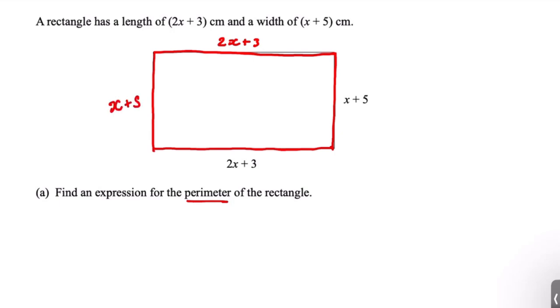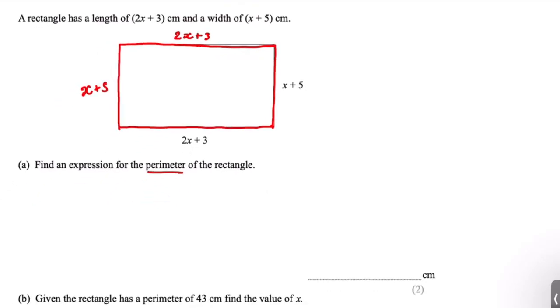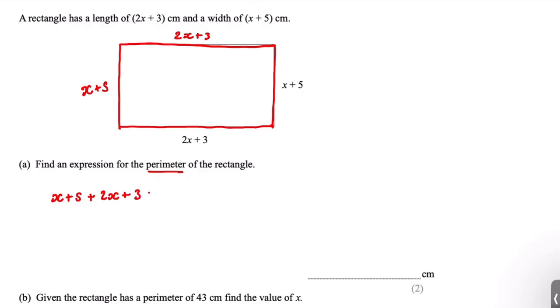When we're working out the perimeter of the rectangle, we need to add the lengths of all the sides together. So we're going to add x plus 5, add 2x plus 3, add x plus 5, add 2x plus 3.